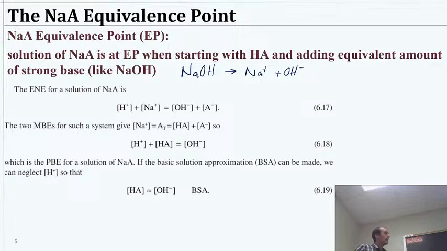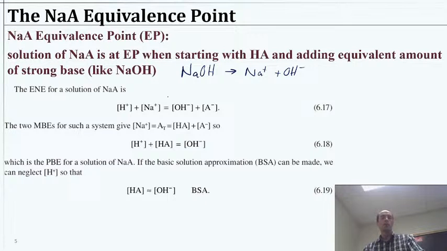In this case, even if we start with HA and we added enough NaOH to get to this NaA equivalence point, then we actually know that there's the same amount of sodium as the total acid, because we literally had to equal that out on the electroneutrality side of things.